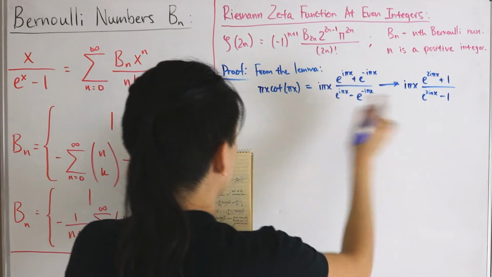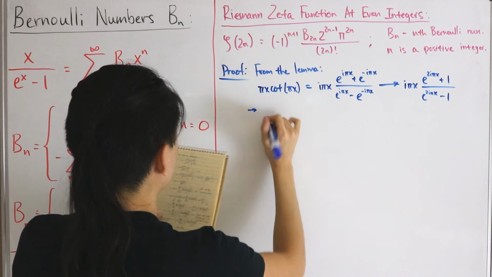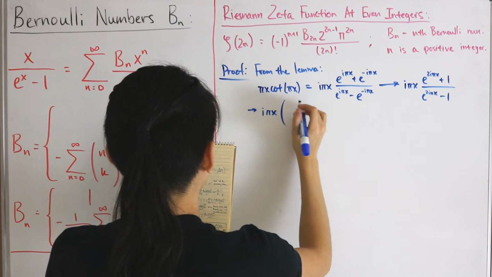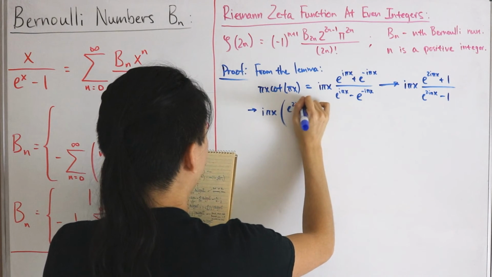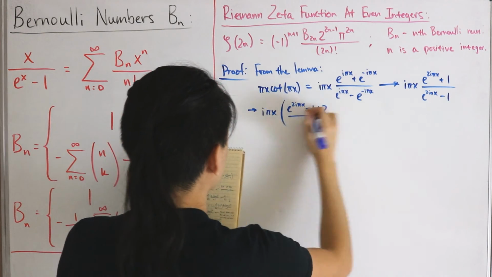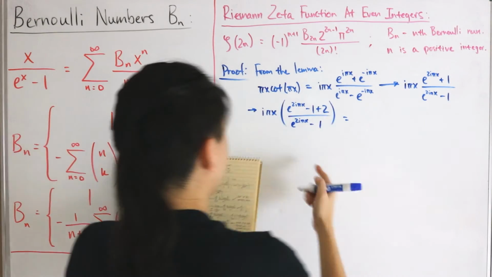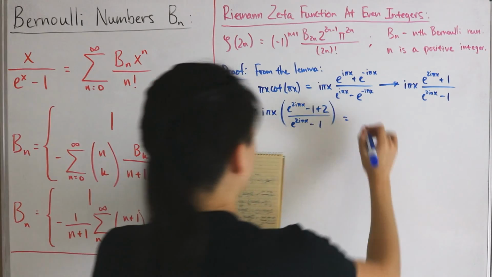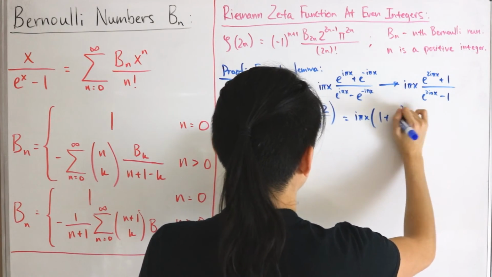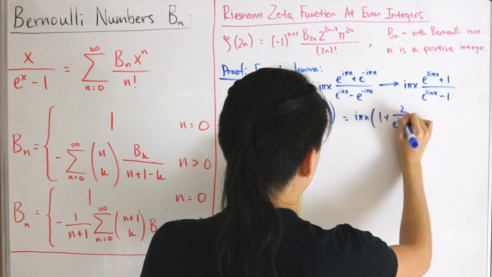And so to simplify further, what I'll do is rewrite that i pi x and fix this inside. So now this is e to the 2i pi x minus 1, then plus 2, divided by that denominator. Which, if we simplify all this out, I have i pi x multiplied with 1 plus 2 divided by e to the 2i pi x minus 1.